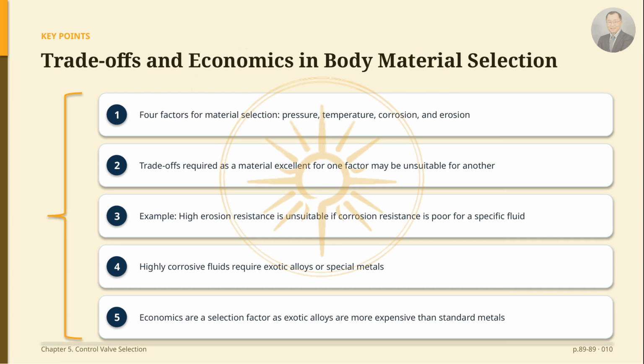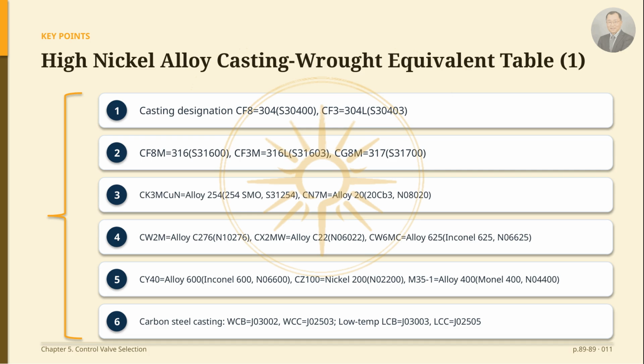This slide provides a detailed introduction to the table pairing the casting designations and wrought equivalents for high-nickel alloys. The table consists of 4 columns: casting designations, equivalent wrought trade names, generic designations, and UNS numbers for wrought equivalents. Looking at the stainless series, CF8 is 304 stainless with UNS S30400, and CF3 is 304L with S30403.